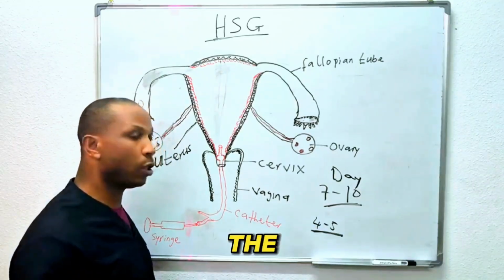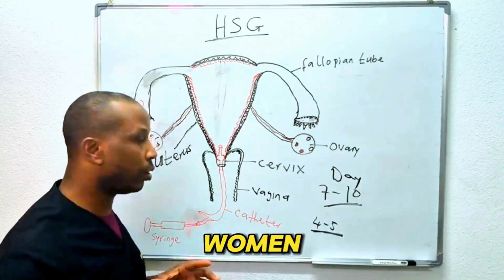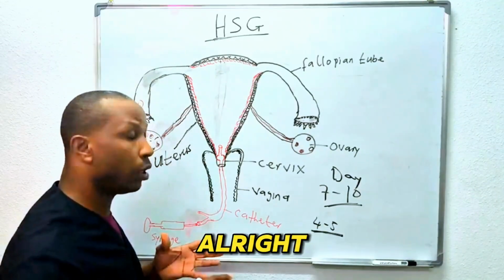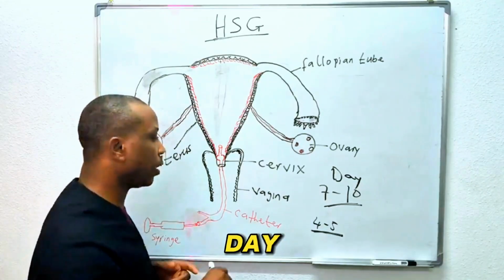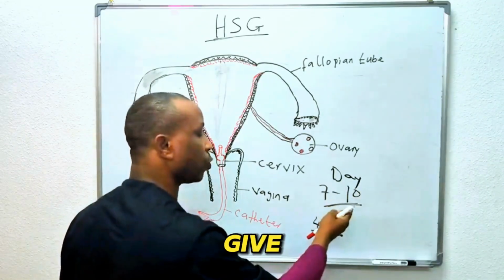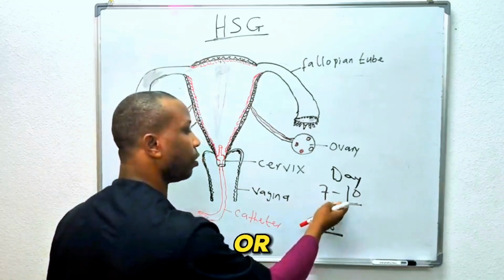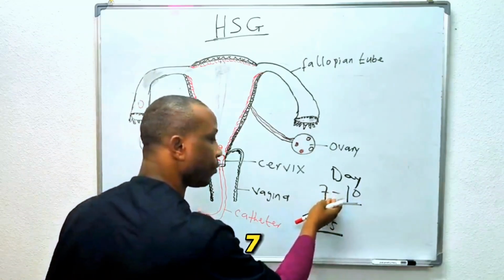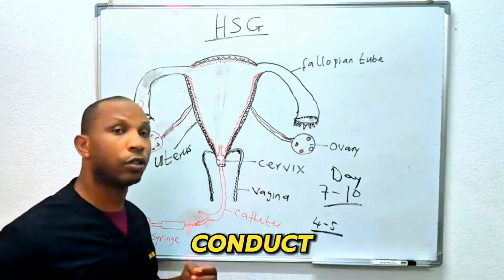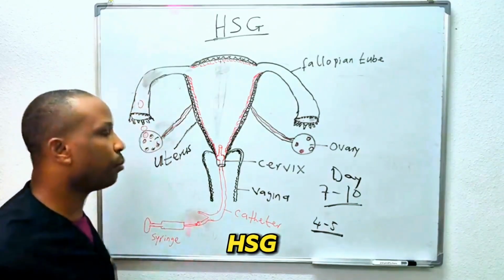All right? So day 1 to day 5, for most women, is the day of their menstruation. The first day of your menstruation is called day 1. You start counting from that day. All right? So after the 5th day, you can give 2 more days, which is day 7, or 2 to 5 days, which is between day 7 and day 10, to go and conduct your HSG procedure.